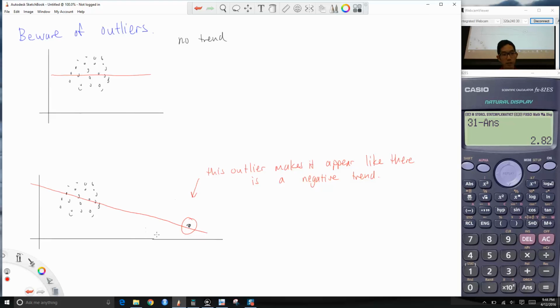So it's kind of like basing the entire trend on just one very unusual data point, and that's probably not a wise thing to do.